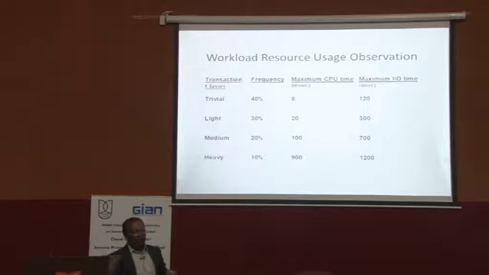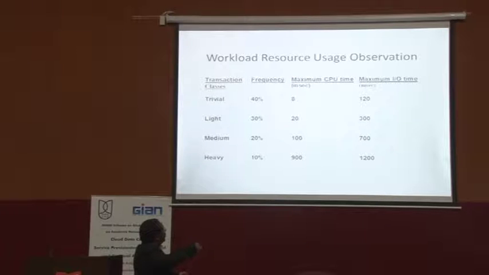In terms of proportion, they use more I/O. And if you simply ignore this, that is when you make a mistake in designing scheduling algorithms, because you only say this will take 8 seconds, and immediately after 8 seconds, you send another job, even though this is still there. So you overload the system.